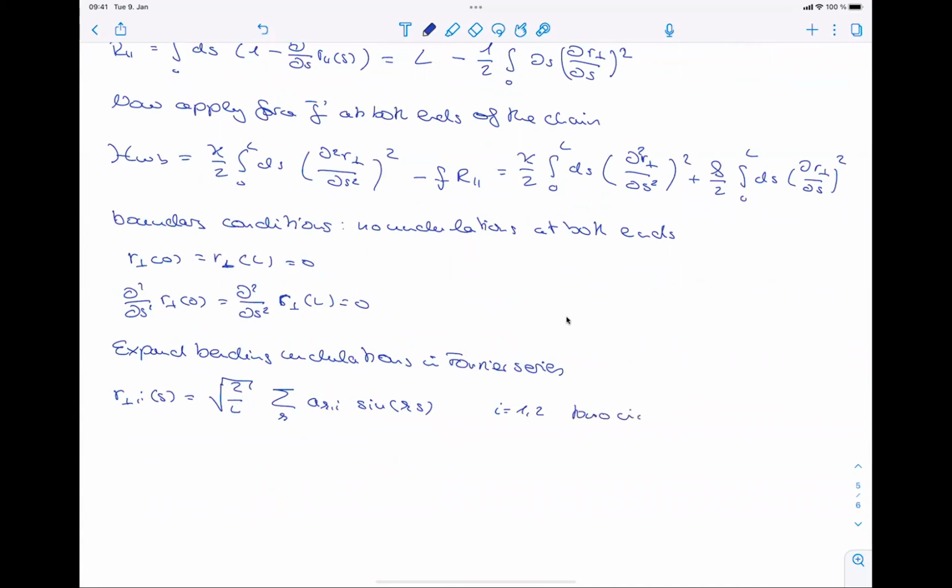These are the two independent transverse modes. And that's the normalization factor.